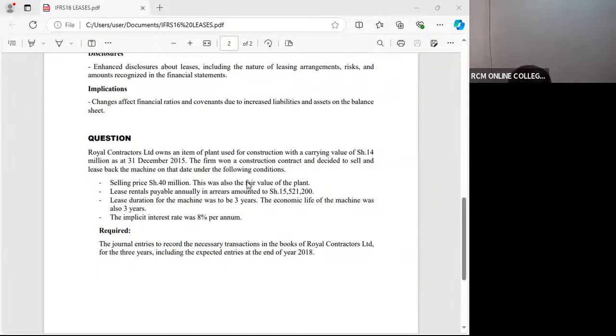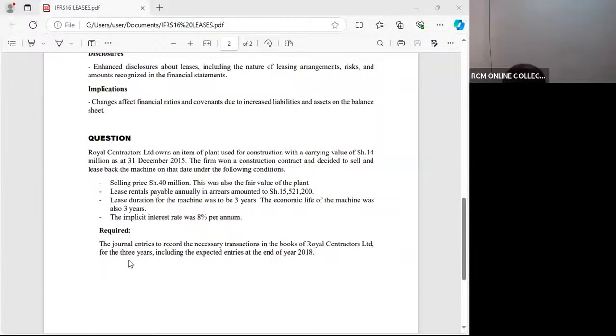This was also the fair value of the plant. Lease rentals payable annually in arrears amounted to Kenya shillings 15,521,200. The lease duration for the machine was to be 3 years. The economic life of the machine was also 3 years. The implicit interest rate is 8% per annum.